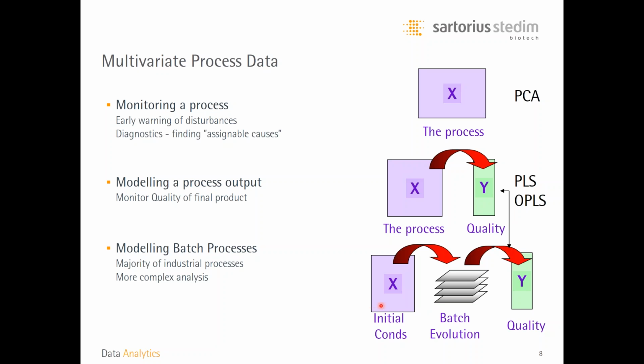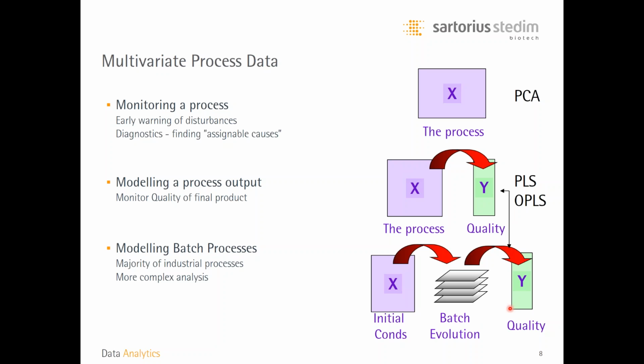Regardless of how many variables you have in the different data blocks, it is still the same sort of objective. You want to link the information in the process inputs to the process outputs, trying to understand how initial conditions and the batch evolution measurements correlate with the final qualities.